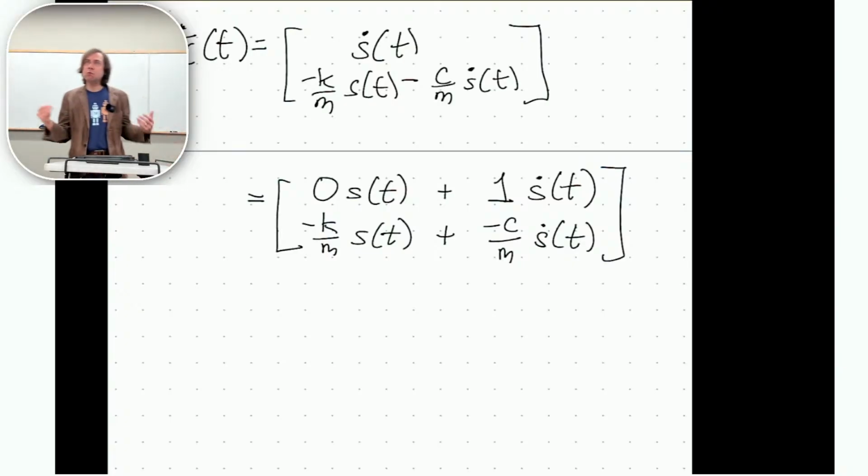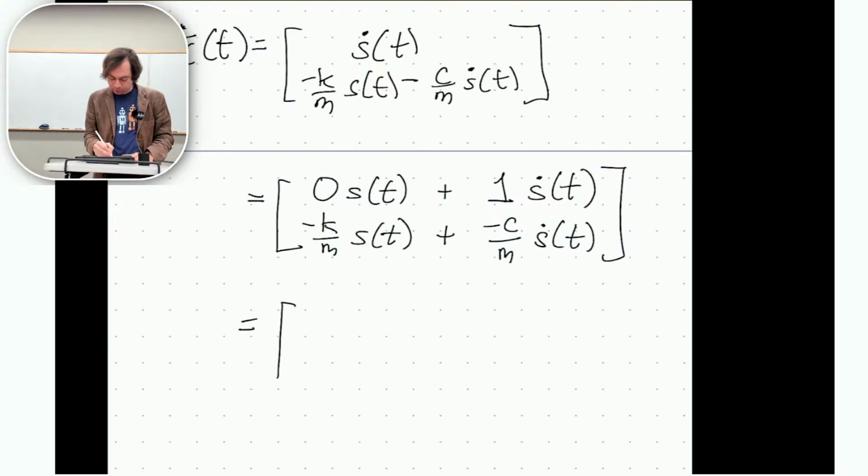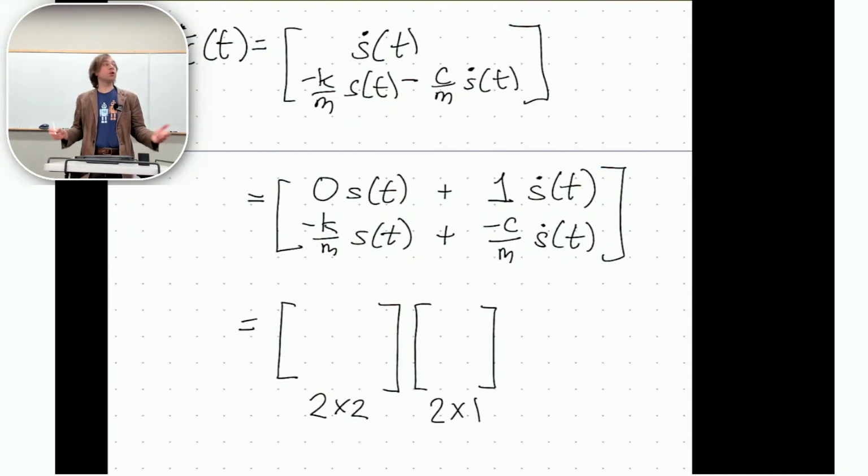Okay. So there's a way to rewrite this using matrix math, because this here is a vector, right? Just 2 elements down, 1 column, right? We can actually rewrite this, my friends, as a matrix multiplication, where this is a 2 by 2 matrix, and this here is a 2 by 1 matrix, otherwise known as a vector with 2 rows, a column vector. And right here, we're going to put our states s of t and s dot of t.